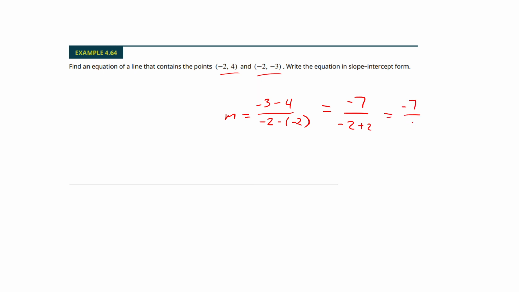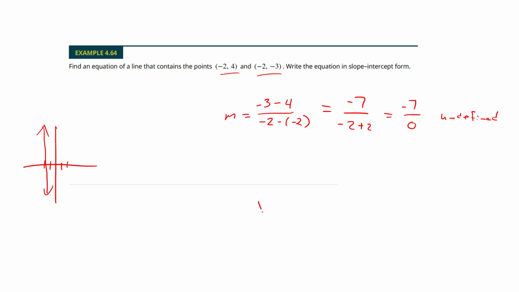Well, that's 0, and that's undefined. So an undefined slope is one where the x's always stay the same. So the x's are always negative 2. That's a vertical line.